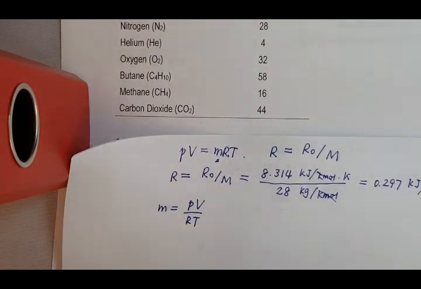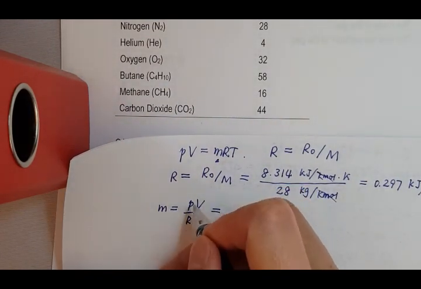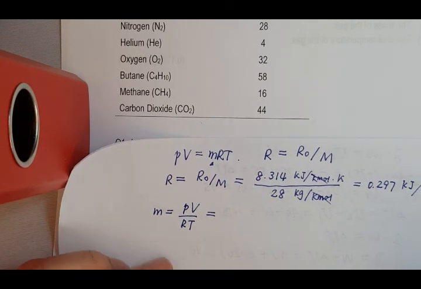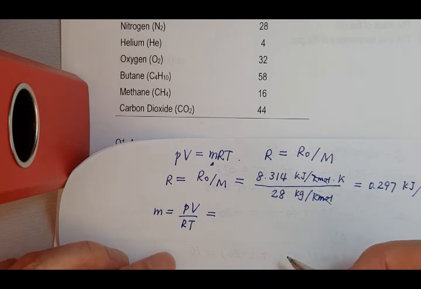What we need to do is put all the values of these variables into this equation, but be very careful about the units. I recommend you convert everything to SI based units.